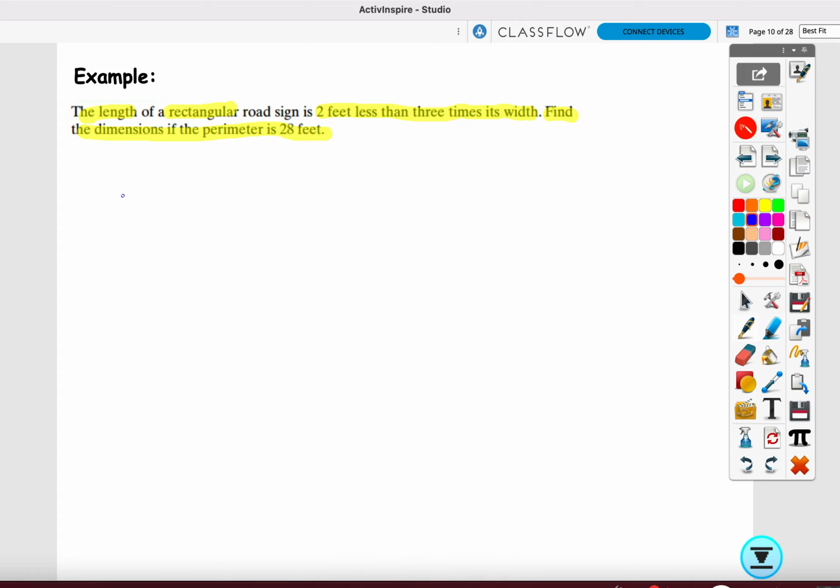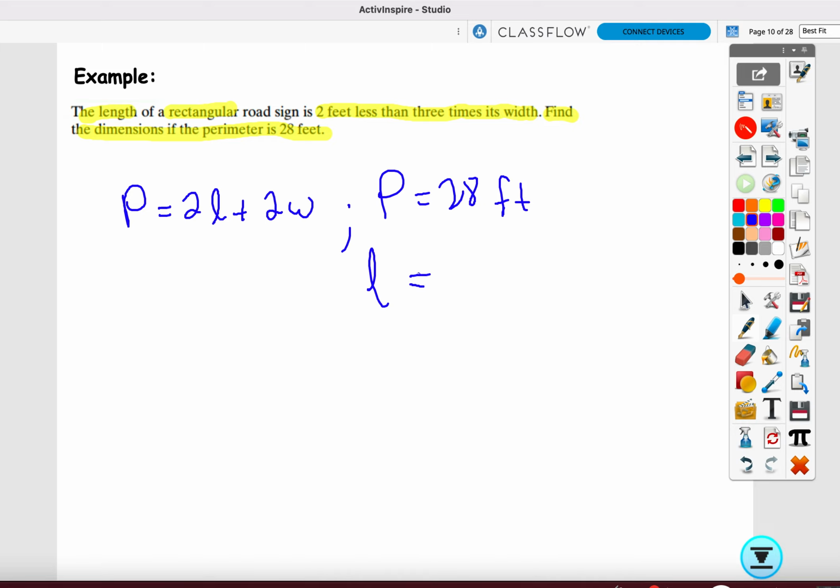So we know it's perimeter, so P equals 2L plus 2W. We also know the perimeter is 28 feet. The length is 2 feet less than 3 times the width, so subtract 2 from 3 times the width. And the width is just W.